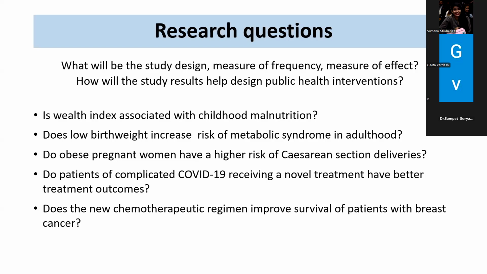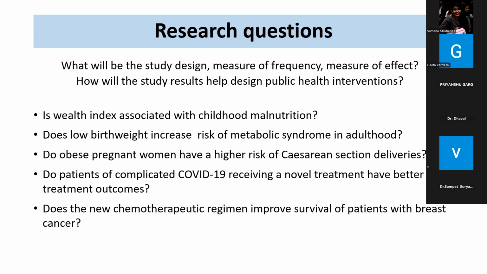Somebody mentioned randomized control trial, very much true, because we are looking at the intervention, a novel treatment among COVID-19 patients. So we would like to randomize these patients into two groups, one receiving the standard treatment, one receiving the novel treatment, and of course then follow them up for favorable and unfavorable outcome. So for this question, an intervention study is a must.